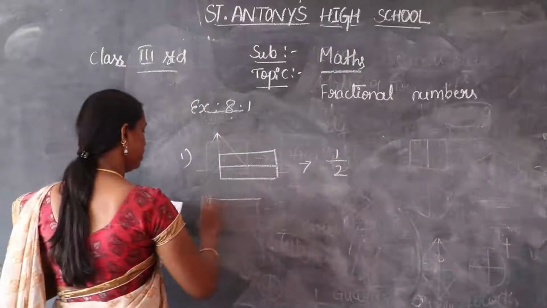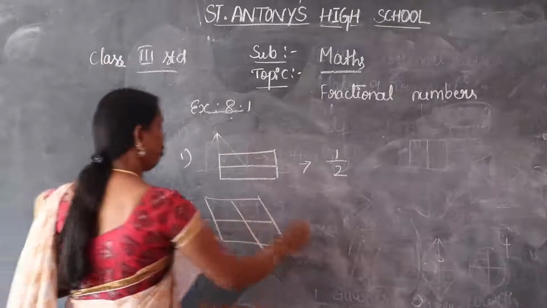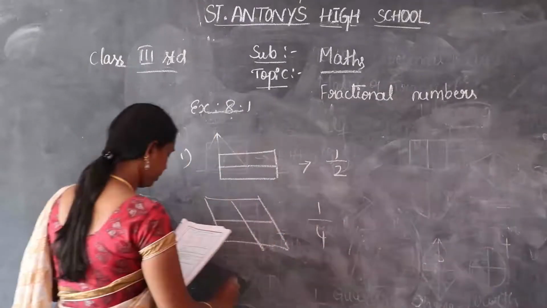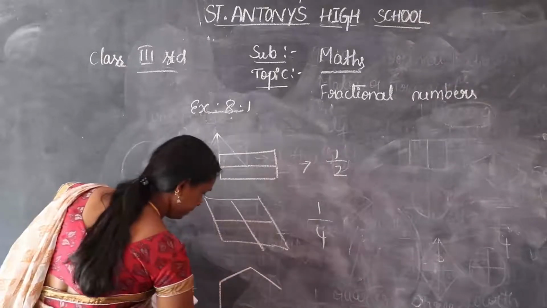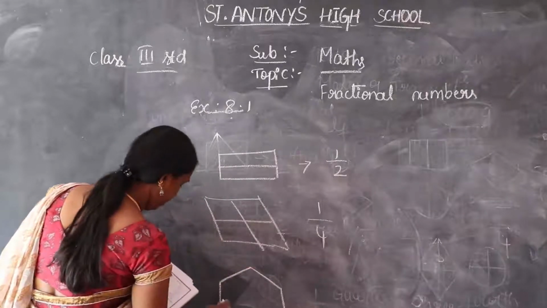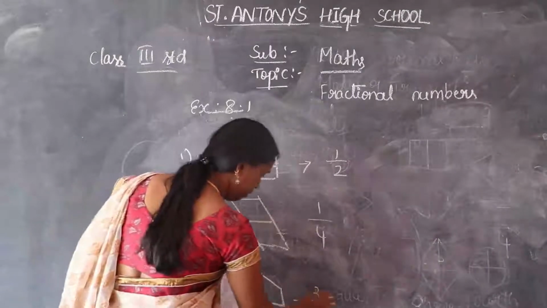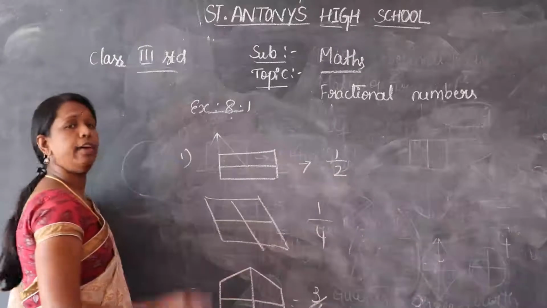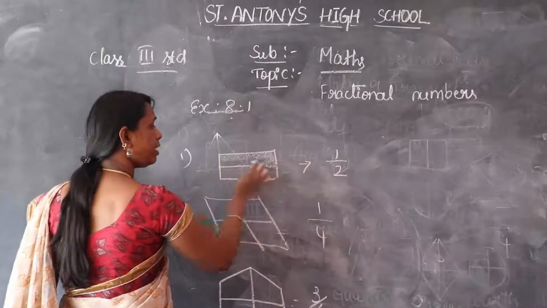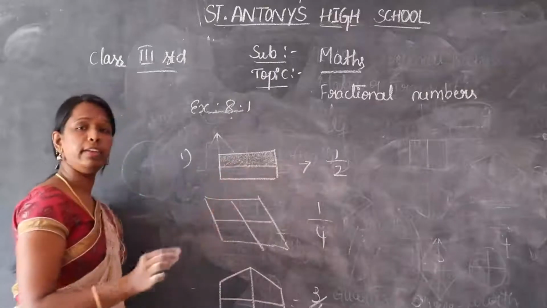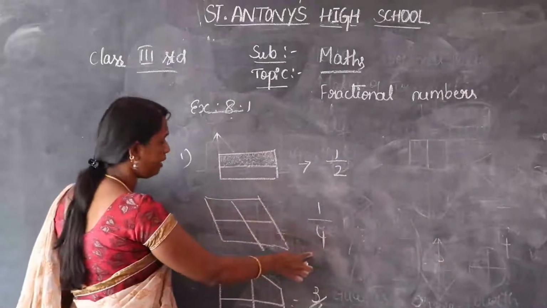Second one, this one is shaded to 1 by 4. And third one, it is divided into 3 by 4. So here I will shade only one part because the numerator is only 1. So this is divided into half. Okay. Next 1 by 4, that is quarter.